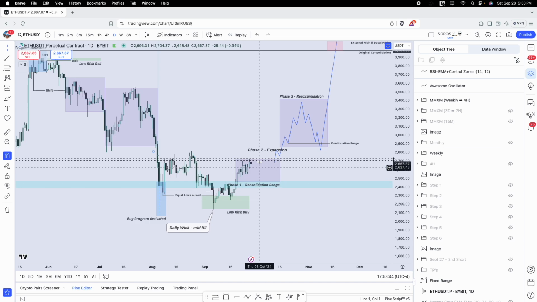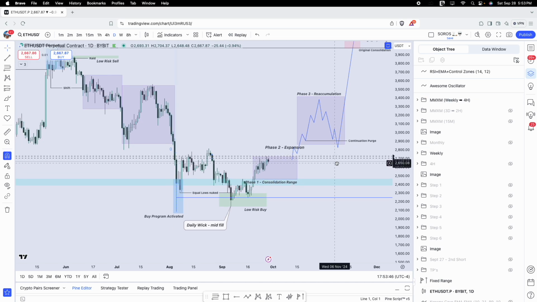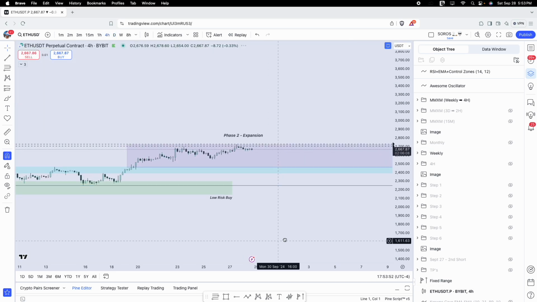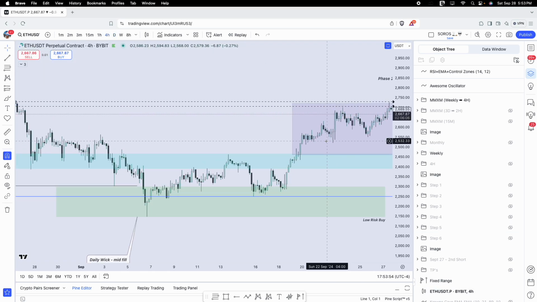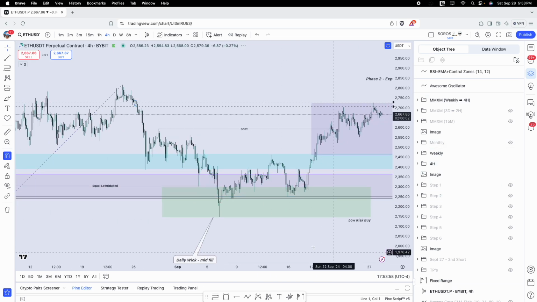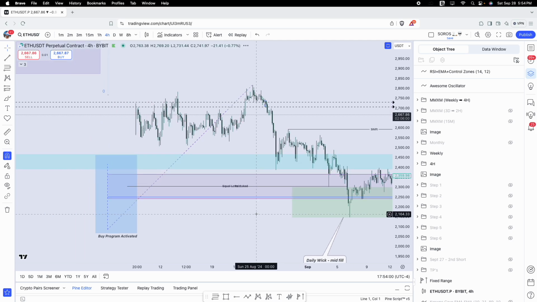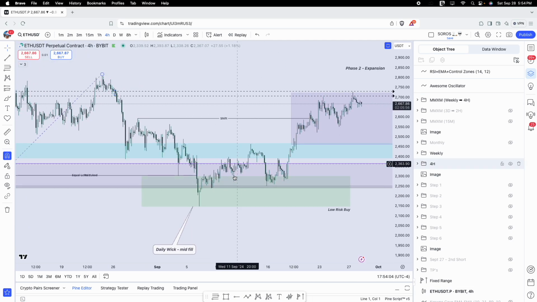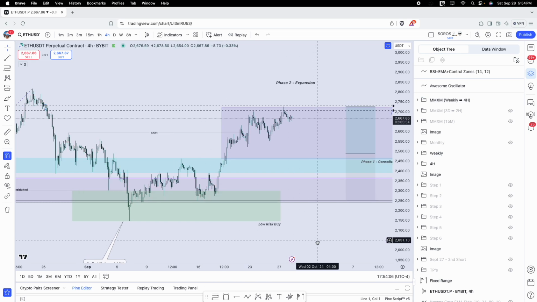And then you could see we're in our first phase, consolidation. So what we are identifying in this range was the 4-hour shift. Now if we put our 4-hour map on top of that, there were the internal lows getting nuked into that cluster, which was our low risk buy.